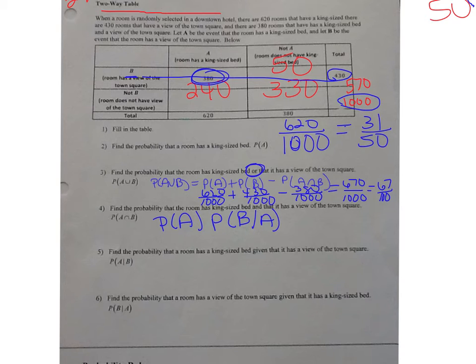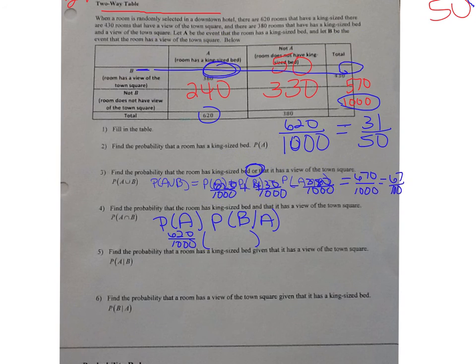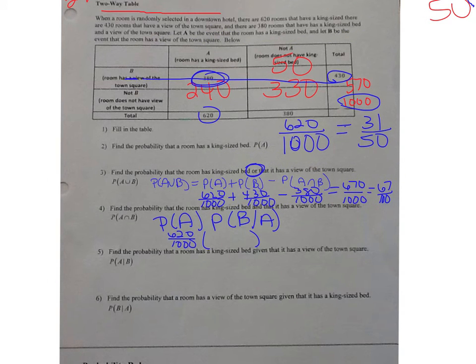So the probability of A, which is the probability that you have a king-size bed, is 620 out of 1,000, times the probability of B given A. So it's the probability that you have a room with a view, given that it's a king-size bed.